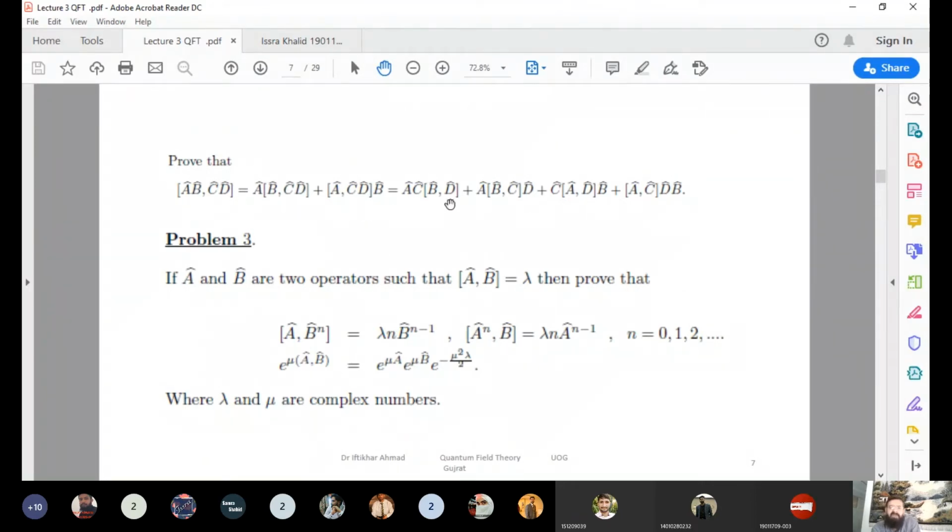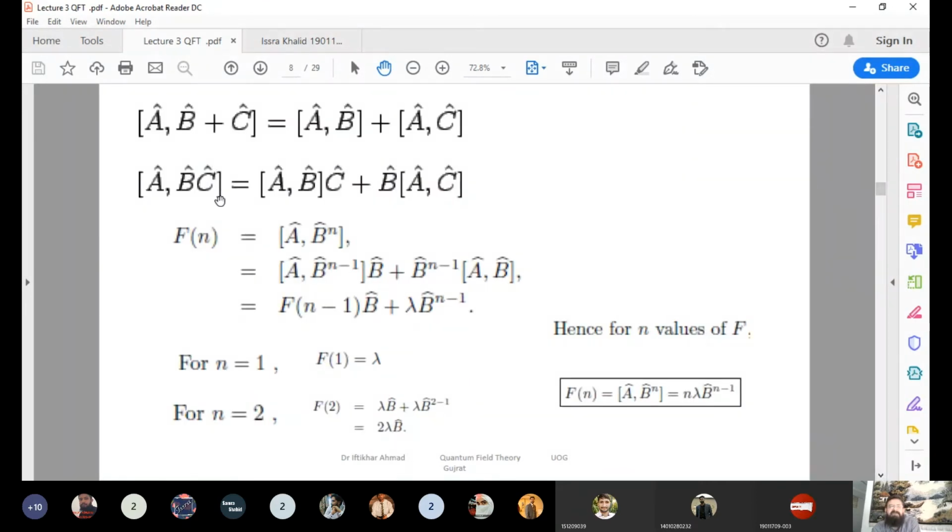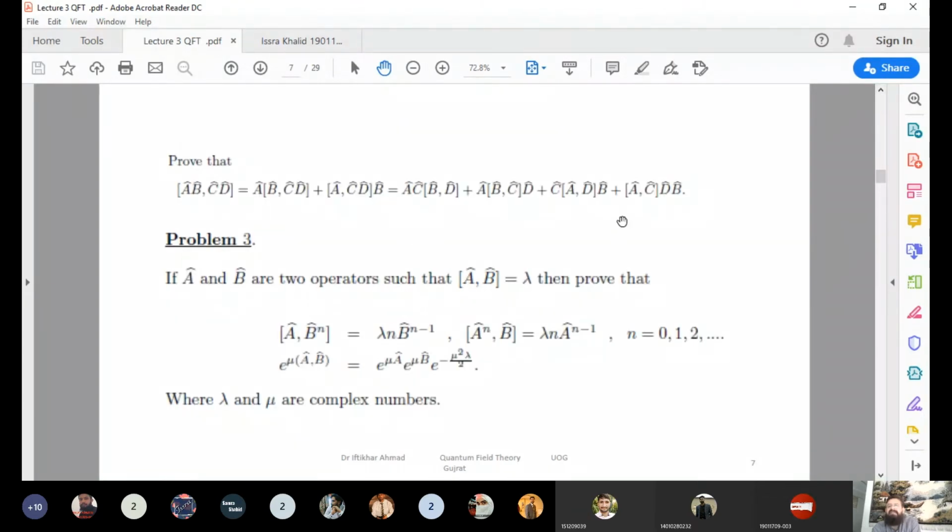You can apply the definition of commutators, like this one, and then you can find the big expression. This is a little bit of a practical exercise. You can do it at your home. Maybe I will check tomorrow whether you can do it or not. Understand?